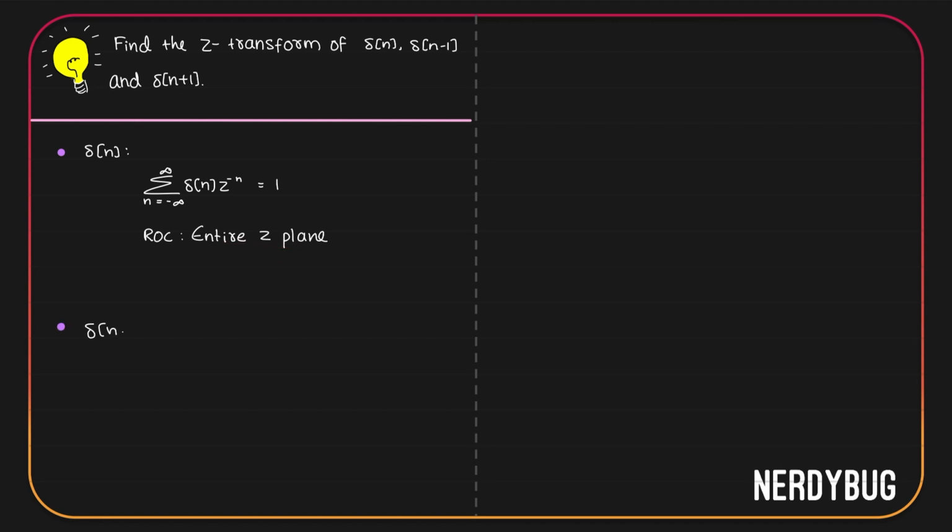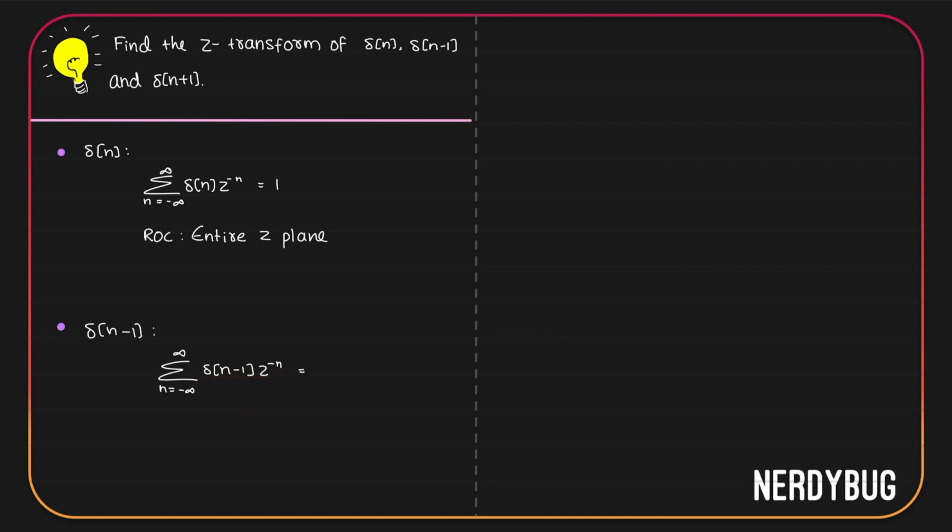Now let us take delta of n minus 1. Z transform will be summation from n equals minus infinity to infinity delta of n minus 1 z raised to minus n. But then again, delta of n minus 1 is non-zero only at n equal to 1. Everywhere else it is 0. So we don't really have to take the summation from here to here. We can just take the value of this product at n equal to 1.